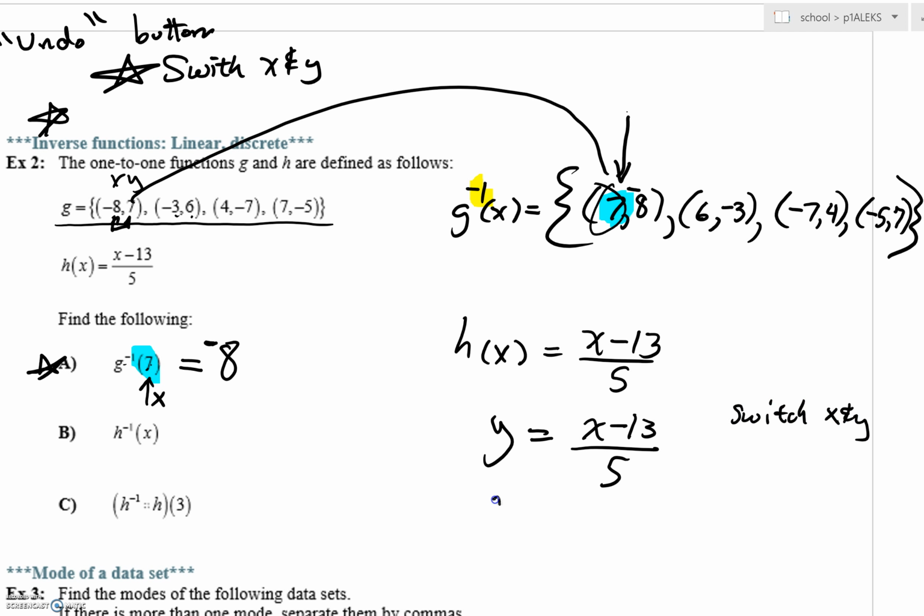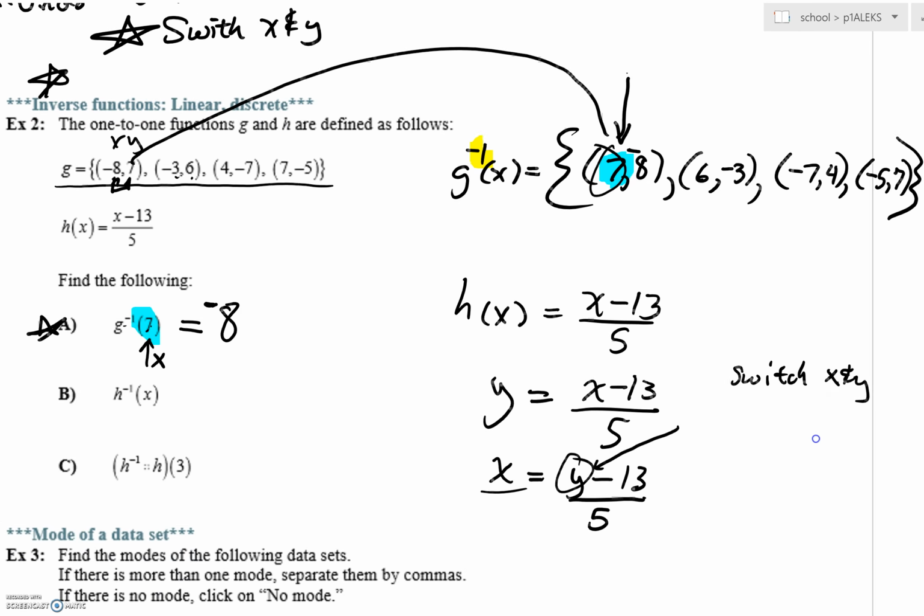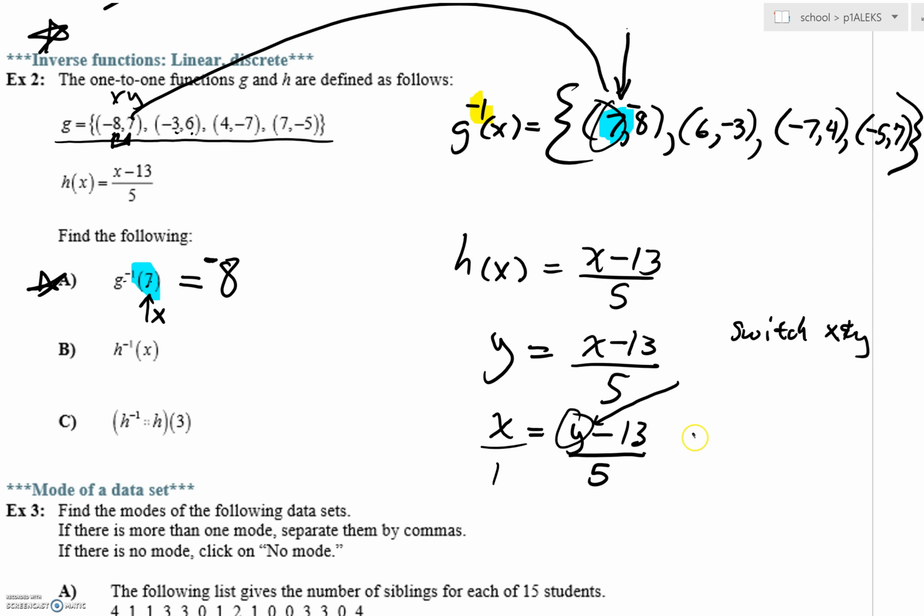Now, when you switch x and y, you're going to have x is equal to y minus 13 all over 5. So what you do now is you solve for your new y. Now, solving for your new y, I guess I just want to tell you, you could get rid of your fractions. We were doing that earlier in the year. Tell you what, how about we just multiply both sides by 5?